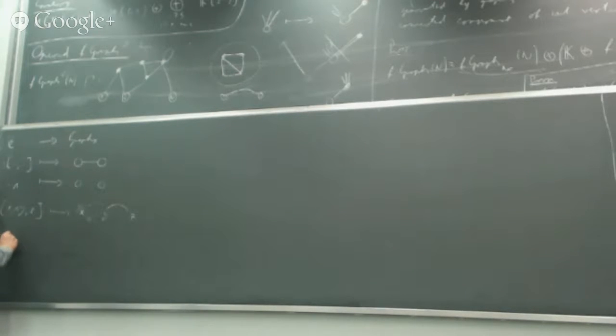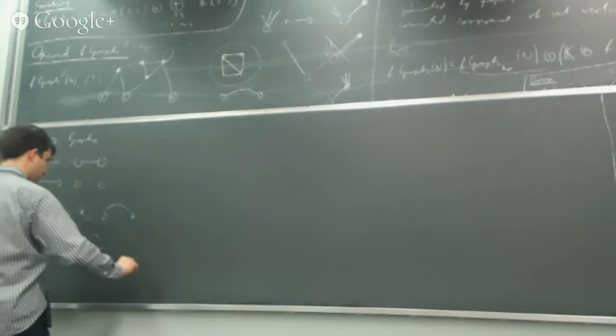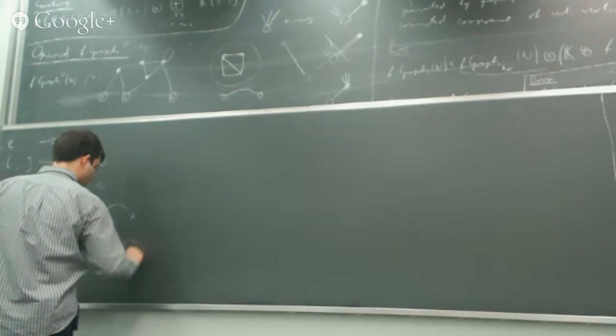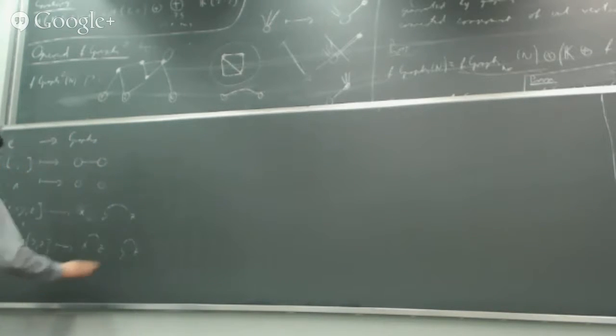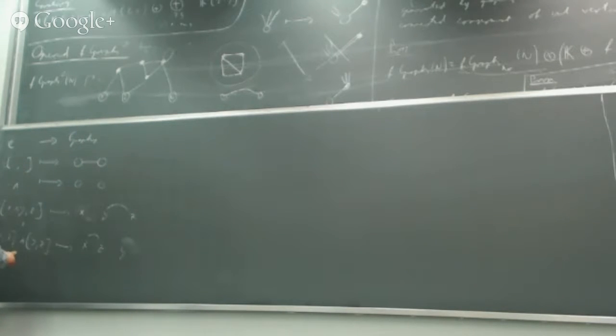But X, Z wedge Y, Z, this is equal. This is mapped to X, Z in all possible ways, disconnected to Y, Z. Yeah, that's as a derivation.